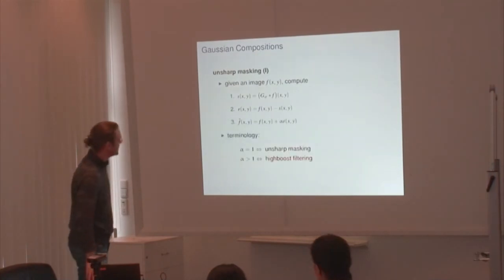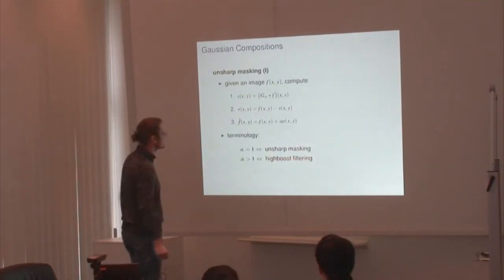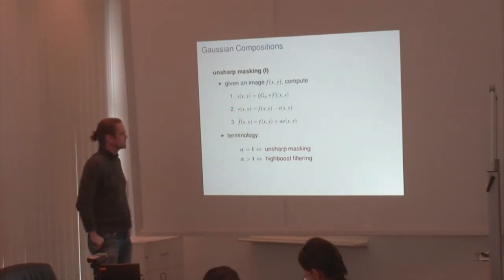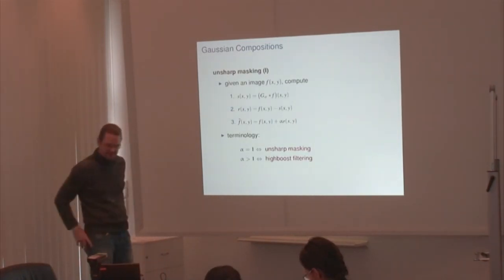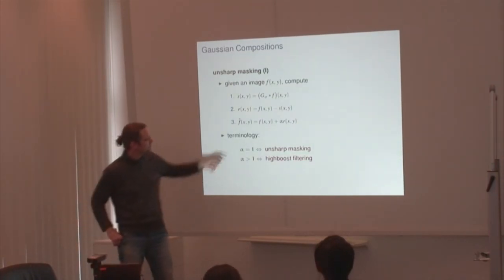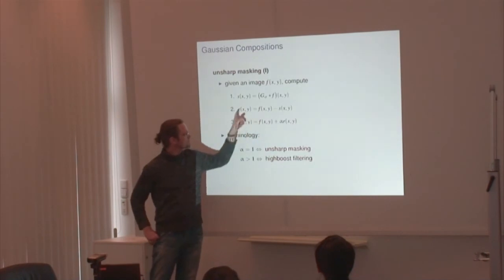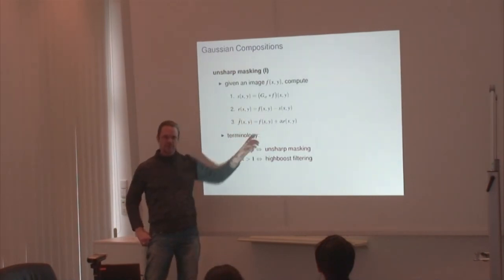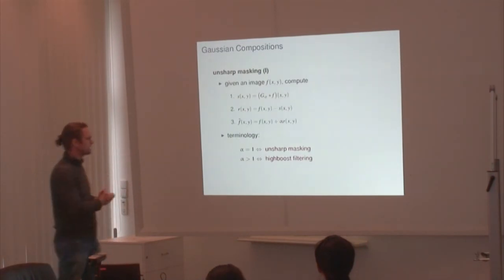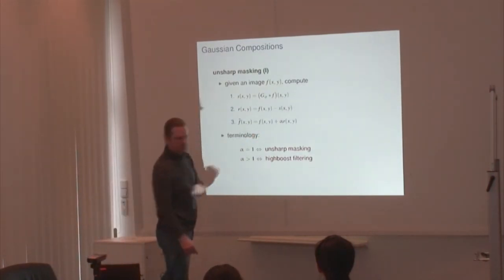And then we compute the final image. This is called F tilde now, and I don't know why it's not called G, but it doesn't matter. F tilde results from adding this residual we just computed, scaled by a factor alpha, to the original image.